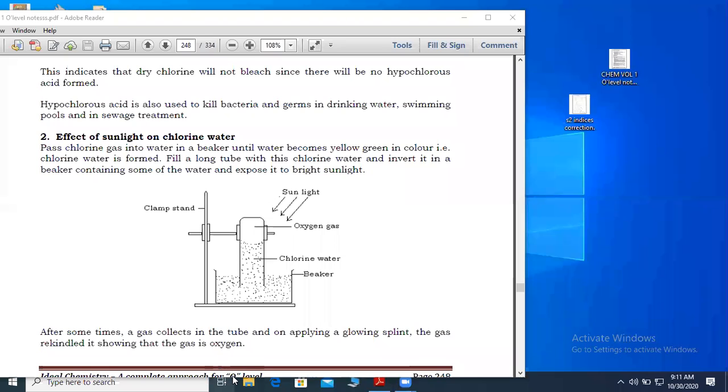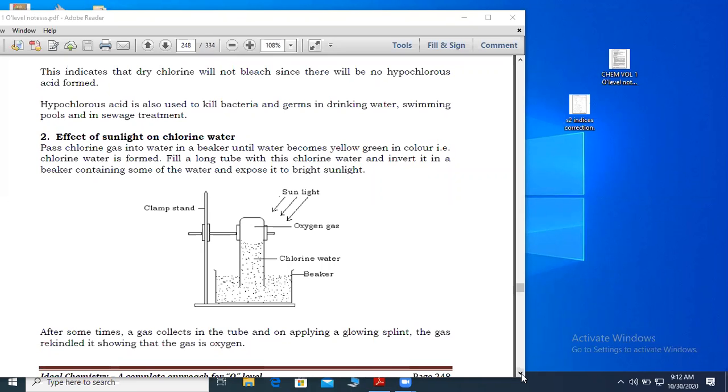It means either equation or equations. So the equations that lead to the formation of oxygen gas in this reaction, I told you there are two. But if we ask for one, then you give the last one where oxygen is given out.